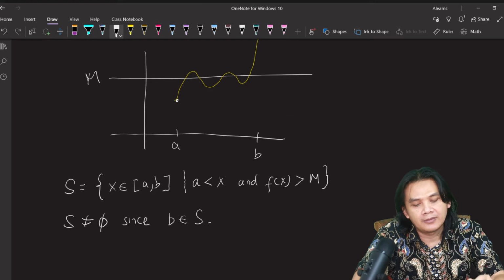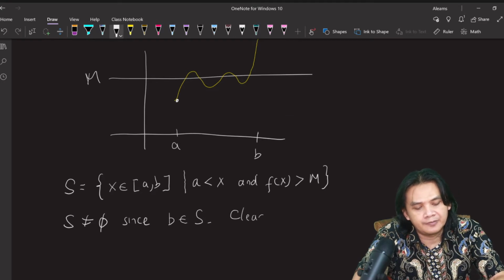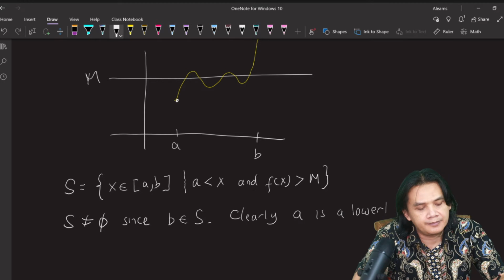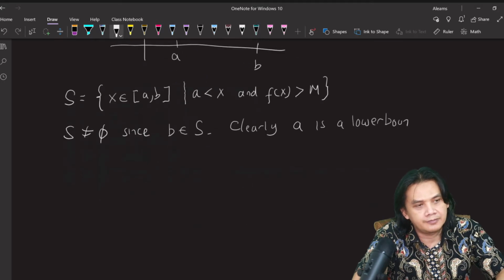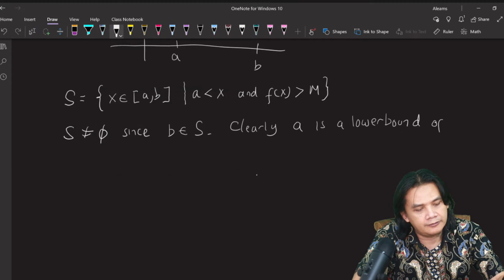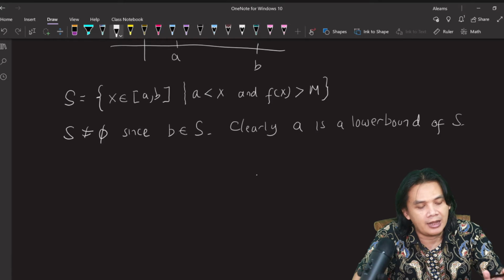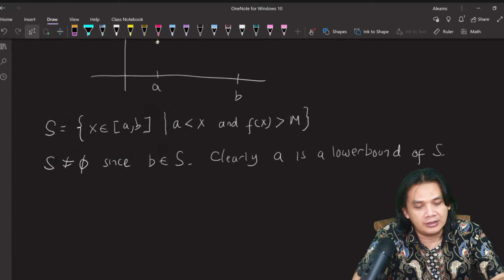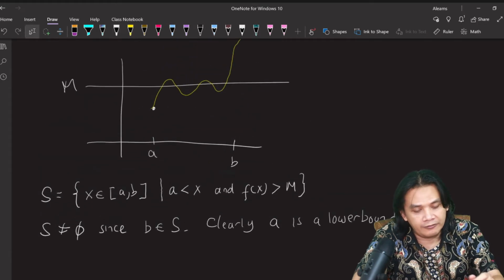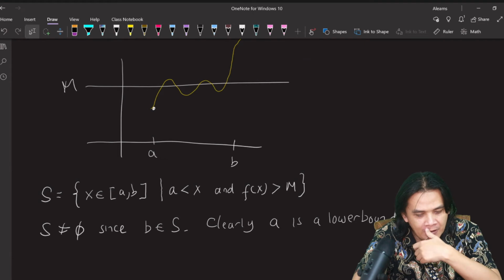So clearly a is a lower bound of S. A non-empty set which has a lower bound must have an infimum, right? So the infimum of S.